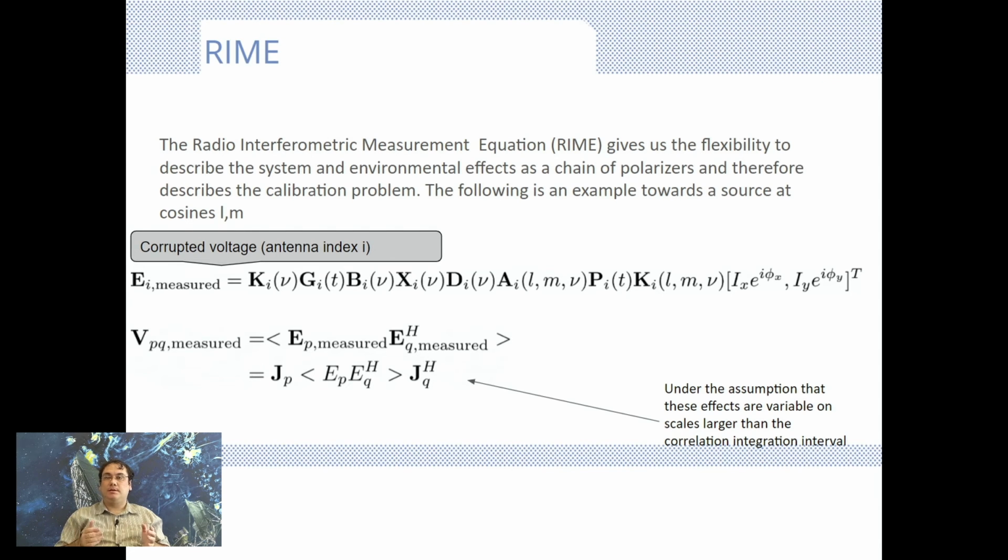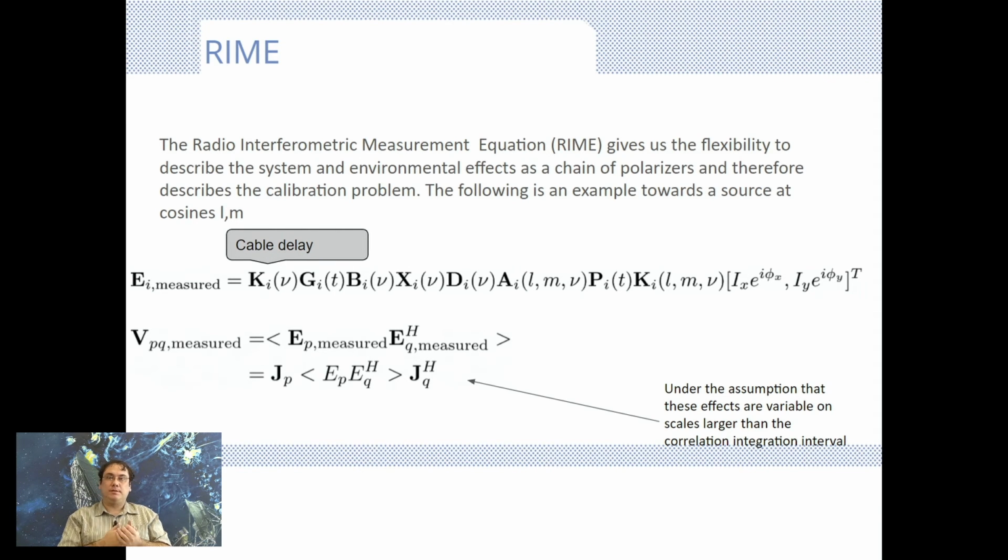Now, let's start closest to the measured signal. So the E of I, where I is just some antenna, that measured signal has a bunch of induced terms. Going from left to right here, we're going from the measured signal to the purest form of the signal. So let's have a look at the various different effects.